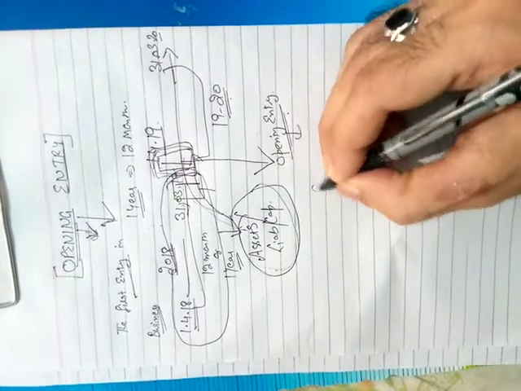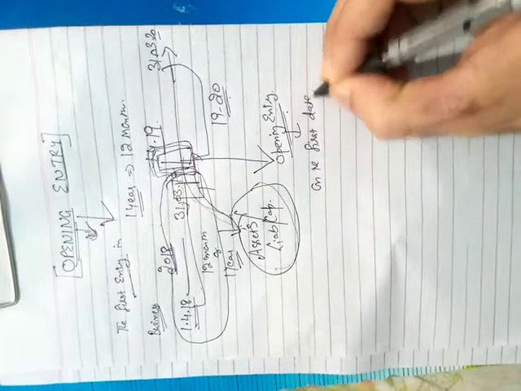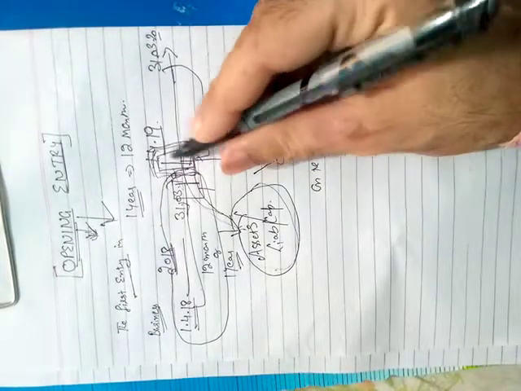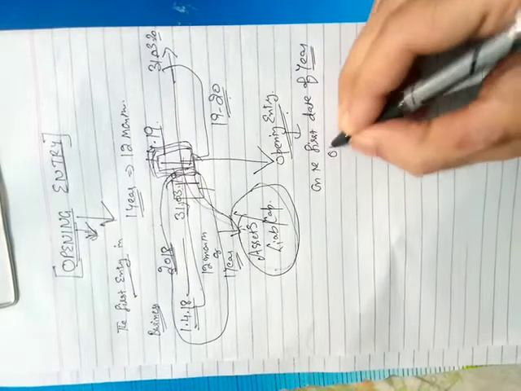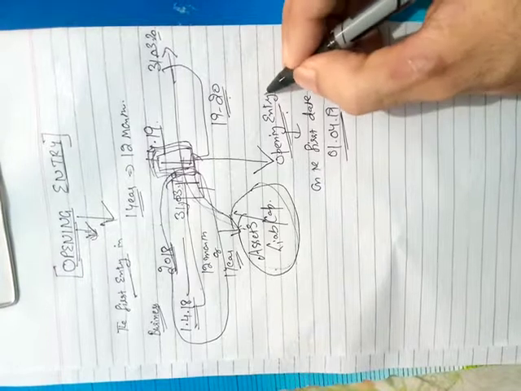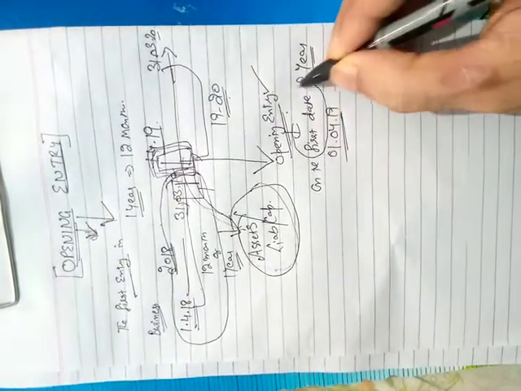On the first date of the year. It means on 1st April 2019. Okay, that is the meaning of opening entry, and it will always be passed on the first date of the year.